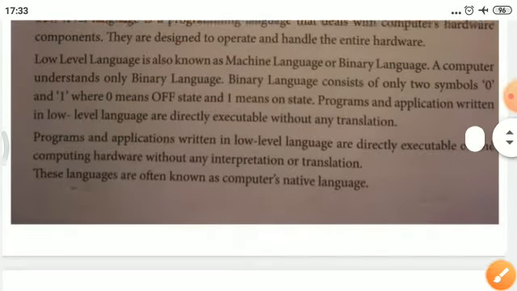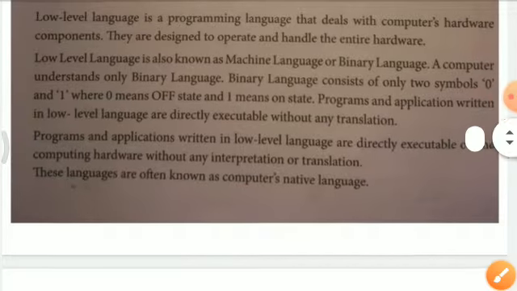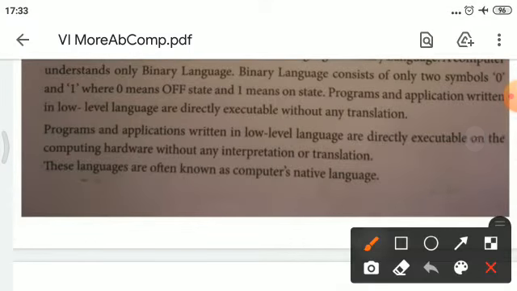Programs written in low level language are directly executable on computer hardware without any interpretation or translation. These languages are often known as the computer's native language.